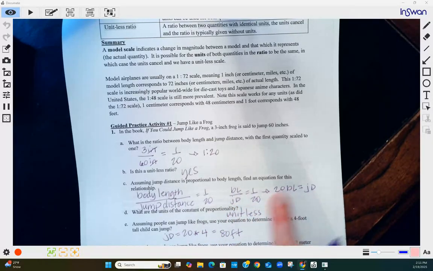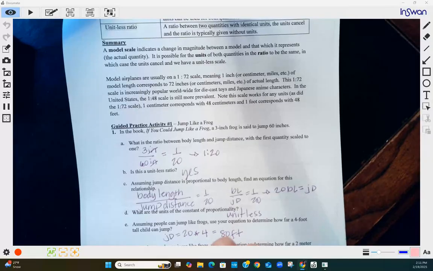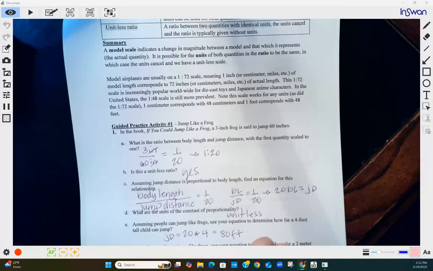Remember, this was unitless, and then we have the 4 feet here. So if this is unitless times 4 feet, our answer is going to be in feet. Assuming people can jump like frogs, use your equation to determine how far a 2-meter tall adult can jump. So same thing, jump distance equals 20 times 2 meters would be 40 meters.